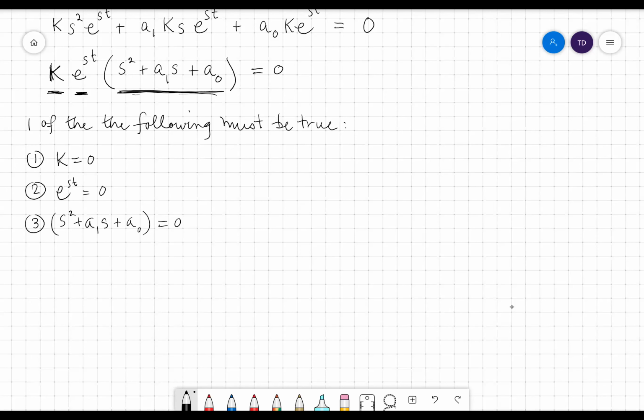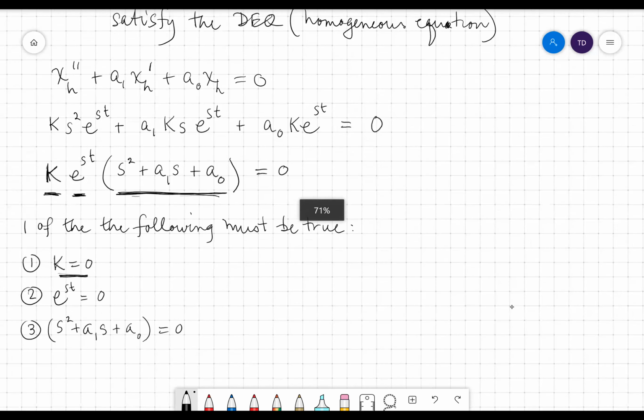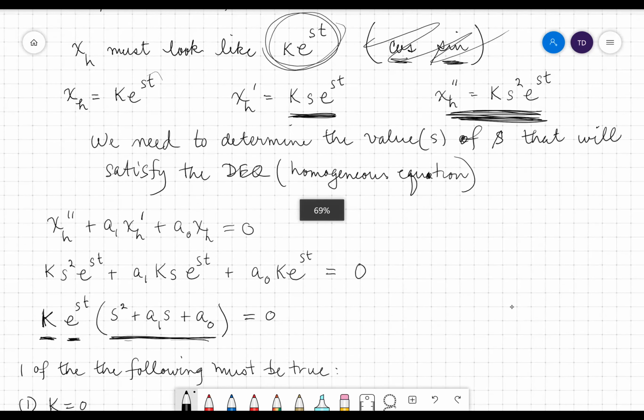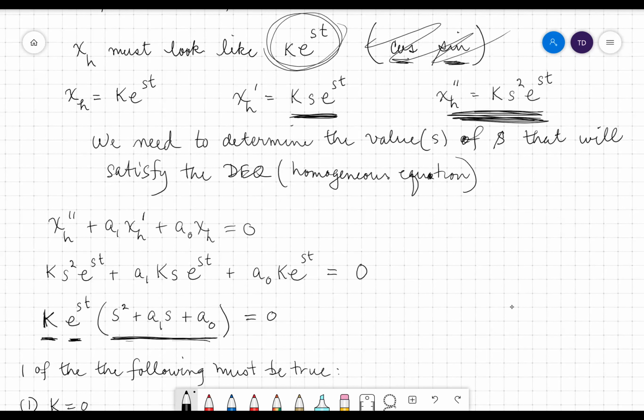Let's look at the first one. K is 0. If k is 0, x_h equals 0. How many of you already knew that if x_h was equal to 0, then its second derivative plus a1 times its first derivative plus a0 times 0?